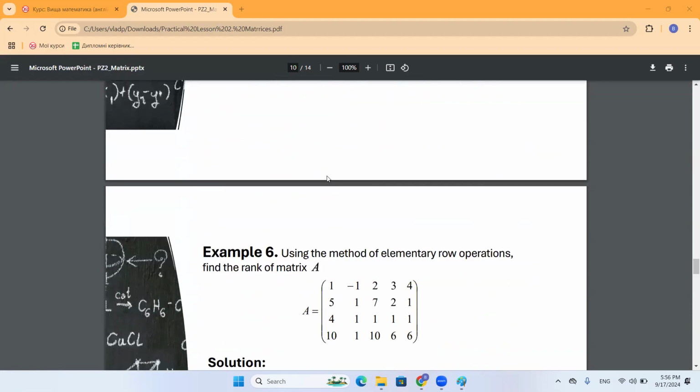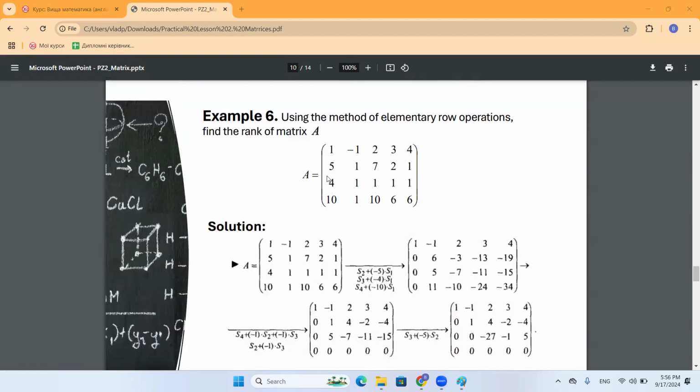And now, we can also find the rank of the matrix with elementary row operations. We just transform the matrix here.